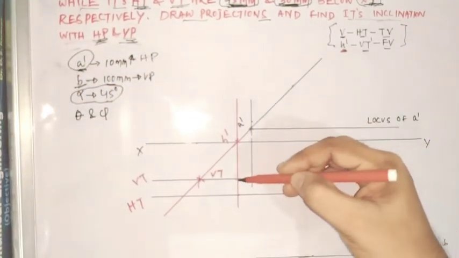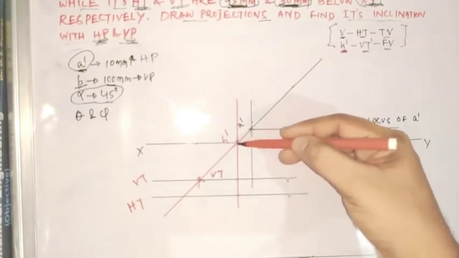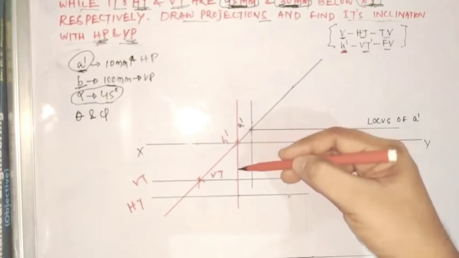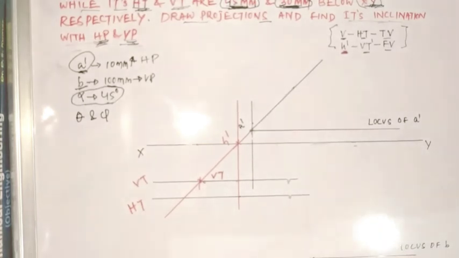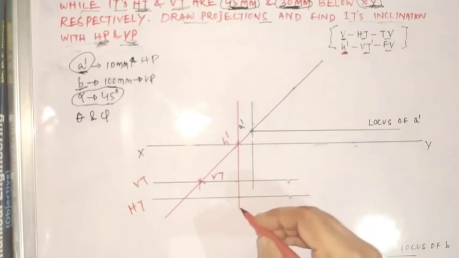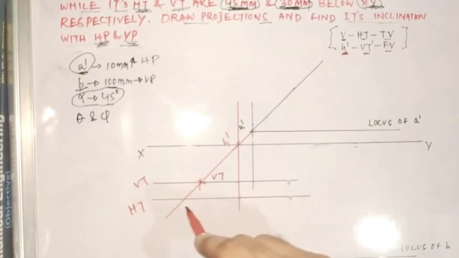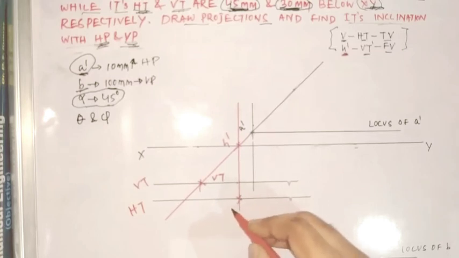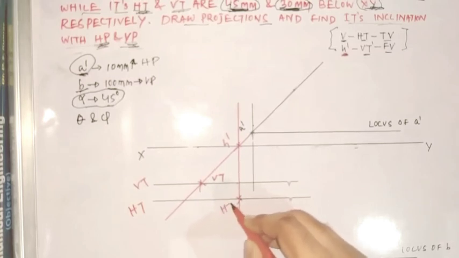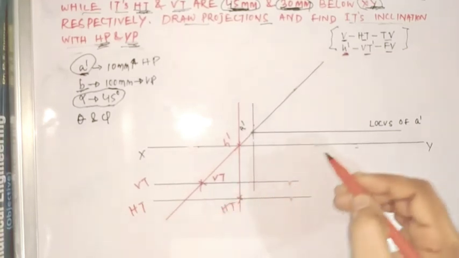Then this point is denoting, whenever the intersection point of this vertical line and the extension of that top view will give the horizontal trace, and we know that in this line we'll be getting our horizontal trace. So from this we can get to know that this point will be giving us our horizontal trace. So now we have got our horizontal trace and vertical trace as well.